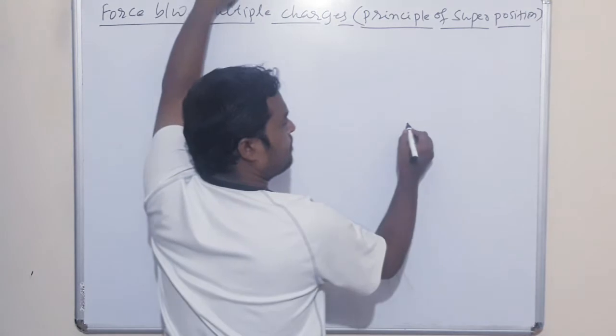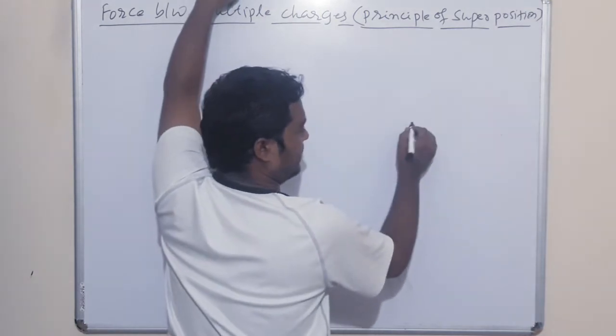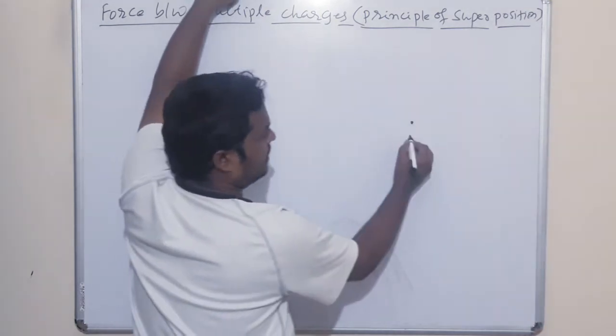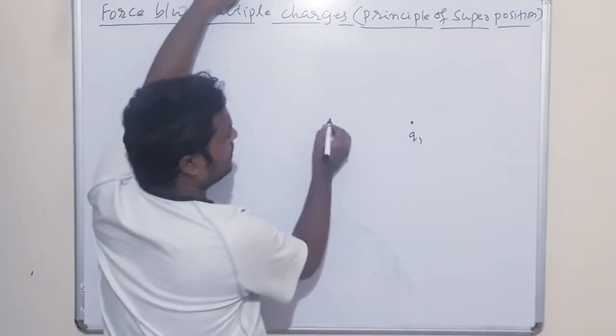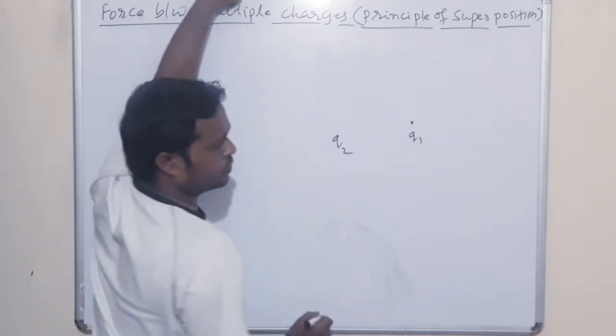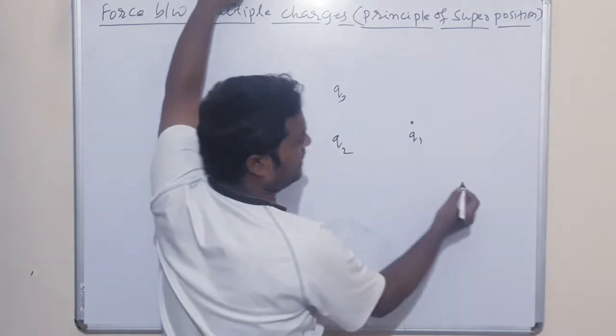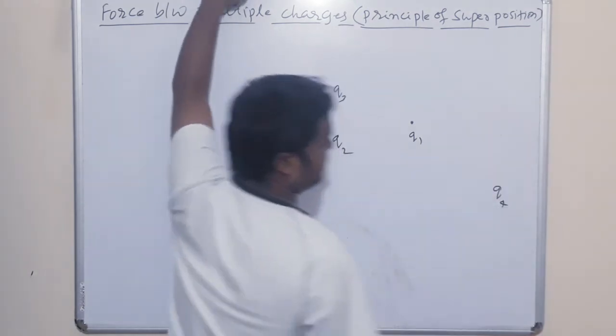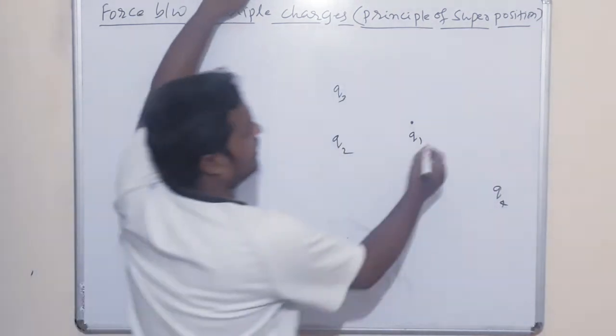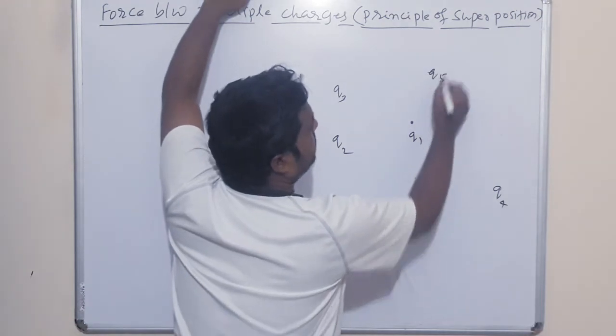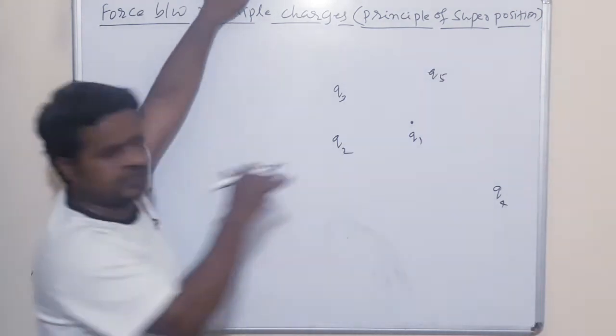Suppose we have some 2-3 charges here. One charge is here, let us take it as Q1. Another charge is here, Q2. In this system of charge, we have another charge Q3, another charge Q4, like this, another charge Q5. You can take as many charges as you want.